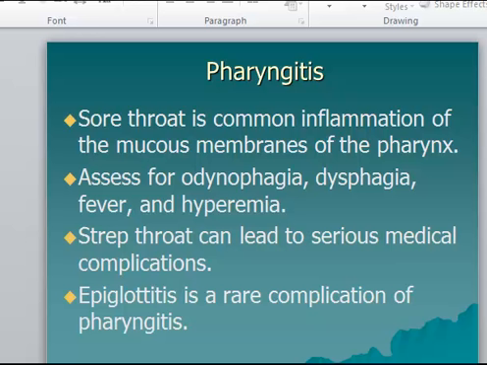If the patient has been diagnosed with a bacterial pharyngitis caused by group A strep, you need to know that it can lead to serious complications such as acute glomerulonephritis, so it's going to attack the kidneys, or rheumatic fever, carditis.